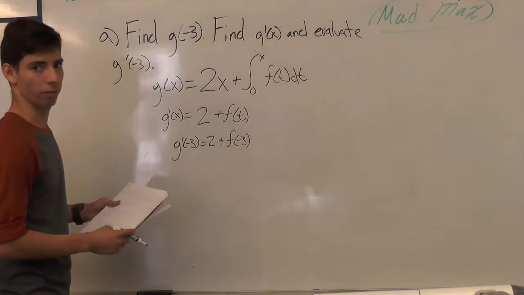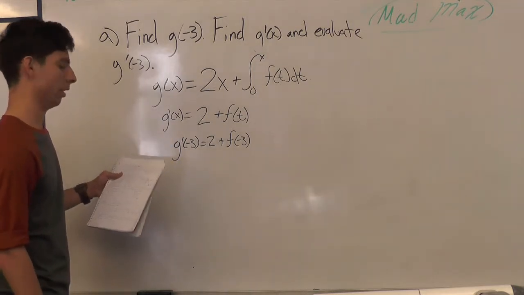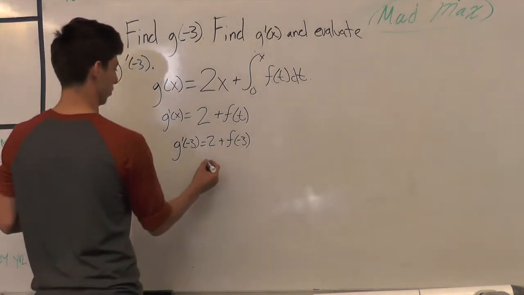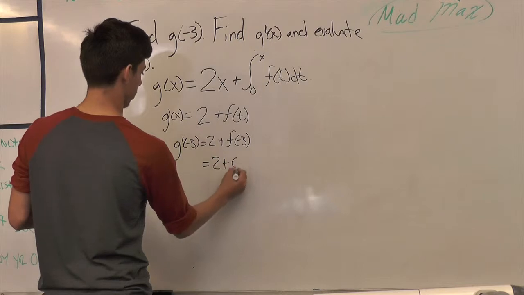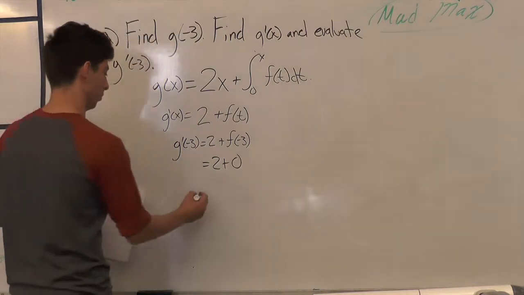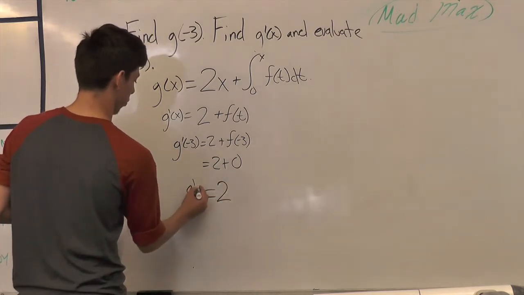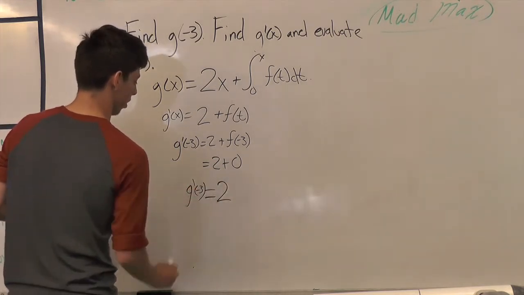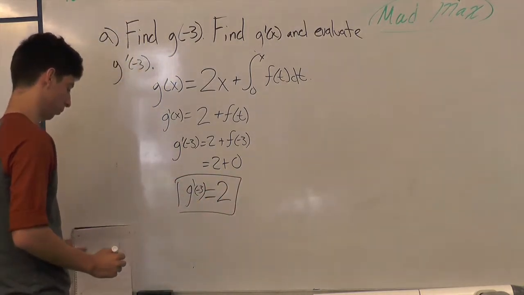But if you look at the graph, f of -3 is 0. So this is equal to 2 plus 0. What is 2 plus 0? 2. g prime of -3 is equal to 2.